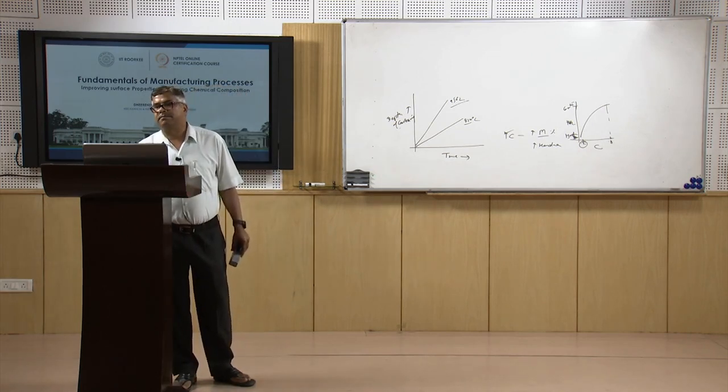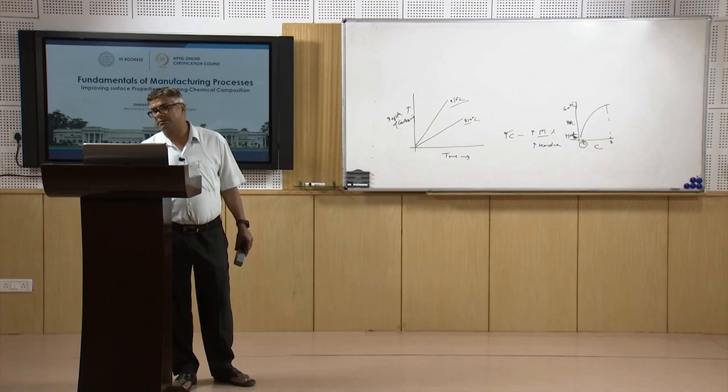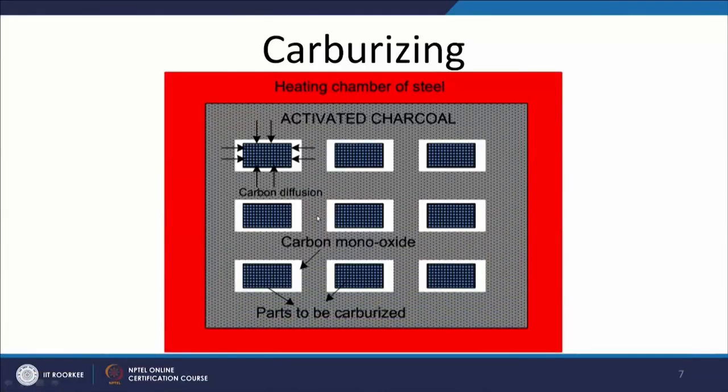In pack carburizing or solid carburizing, a steel chamber is filled with charcoal, and a limited amount of oxygen leads to the formation of carbon monoxide, which decomposes into carbon and oxygen, and that leads to the enrichment of carbon in the component being modified.